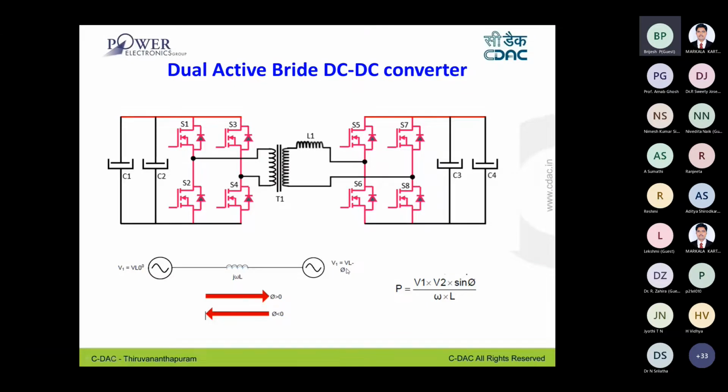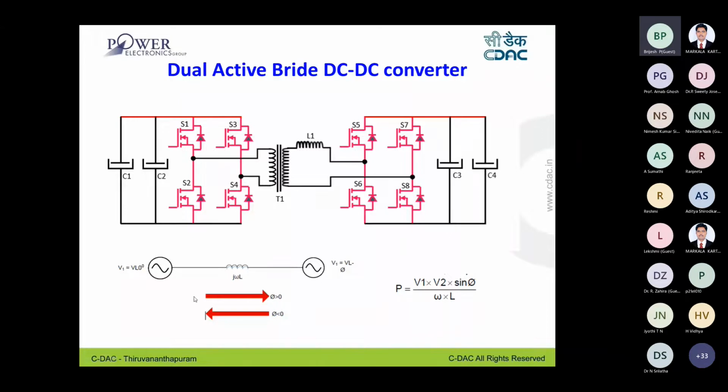Then the basic equation that determines your power flow is V1 V2 sin delta, or sin phi, divided by the impedance. This equation is utilized in the dual active bridge also, because on this side it is an AC with square pulses.